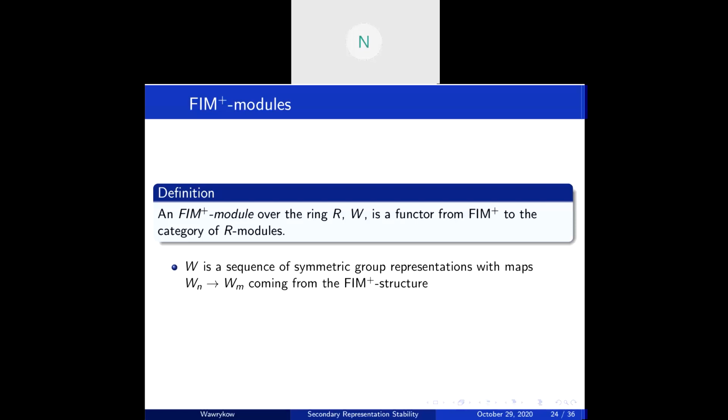And well, what are some examples of nice FIM+ modules? Well, I don't really know of a ton, but I do know of one that's super important for us, namely the first FI homology of the homology groups of ordered configuration spaces of open manifolds. So yeah, let's just soak this in for a second.